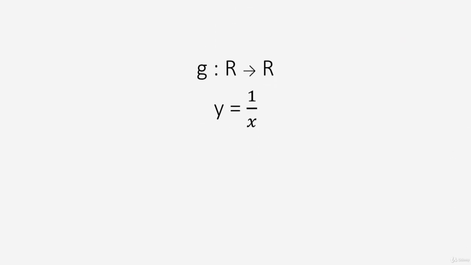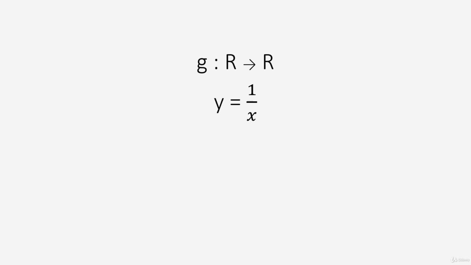So, for example, if I have a function g that takes some real number and returns us another real number, and it is defined as y equals 1 divided by x, this is not a function. Here, you can pause the video and try to figure out why. The problem is that there is no y for every x. So, for example, if I call this function with 2, I get 1/2, and that is okay.